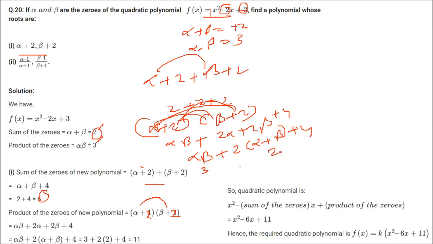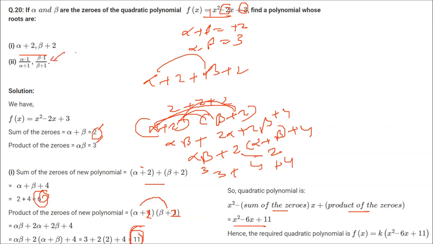And this is 4, 2 into 2 is 4. So 3 plus 4 plus 4, that is 11. 11 you get. Now what will be the quadratic polynomial? X square minus sum of zeros into x plus product of zeros. Sum you put 6, and in the place of product you place 11. So x square minus 6x plus 11 is the required quadratic polynomial.